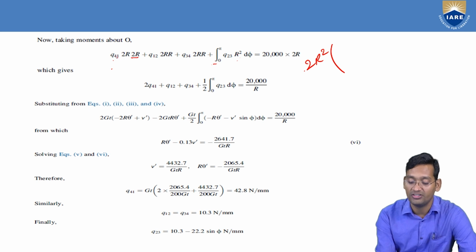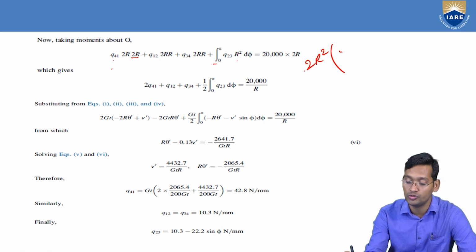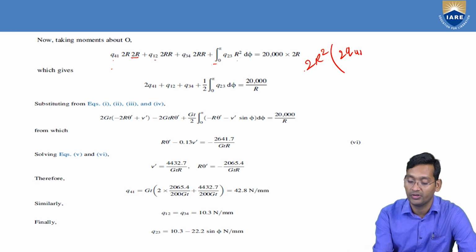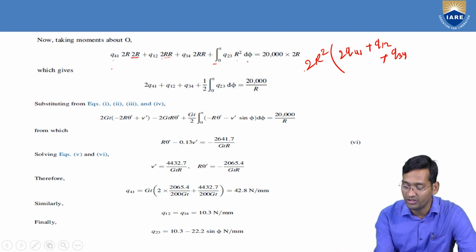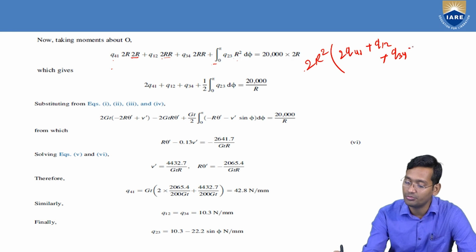Here Q41 has 4R square, so this will be 2Q41, plus Q12, because 2R square we have taken common, then plus Q34. Now here, R square is there only with this term, but what we have taken common is 2, so that becomes plus 1 by 2 integral of 0 to pi Q23 d phi, which equals 20,000 into 2R. Now just divide this 2R to this side.